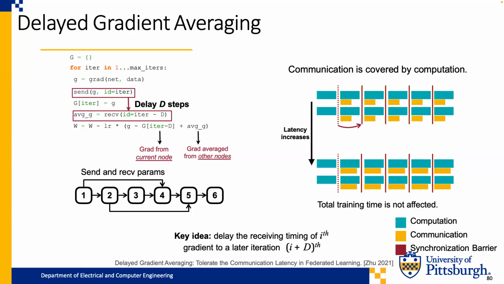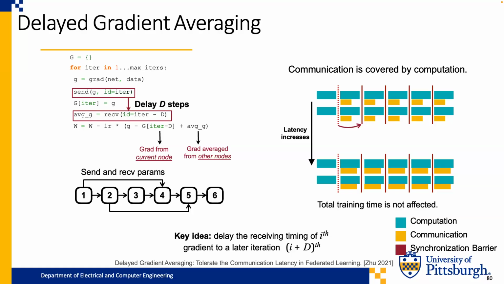Okay, so I'm going to update it with this. If we don't care about the accuracy and just look at the system, it improves, because now the communication actually gets hidden by this overlapping, right? When I'm done with the previous iteration, I can immediately start updating with my own latest gradient. I don't need to wait for others to send to me.